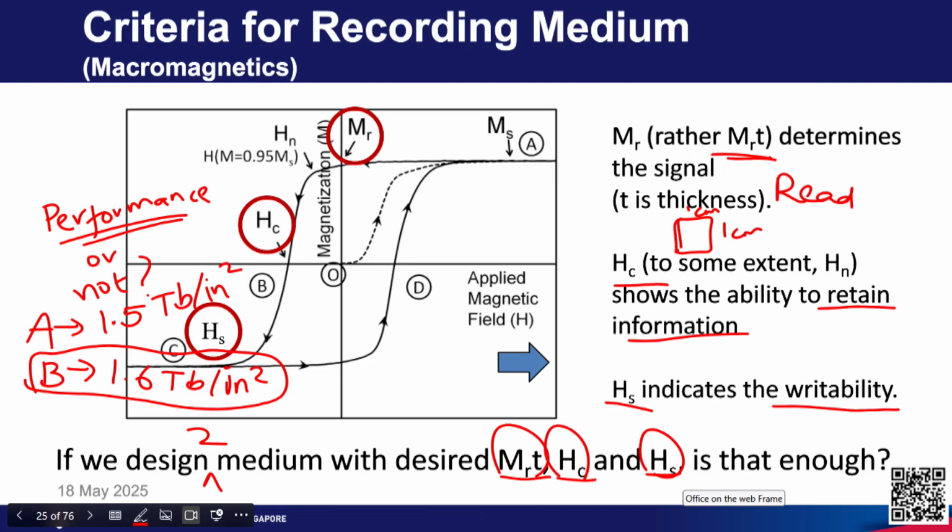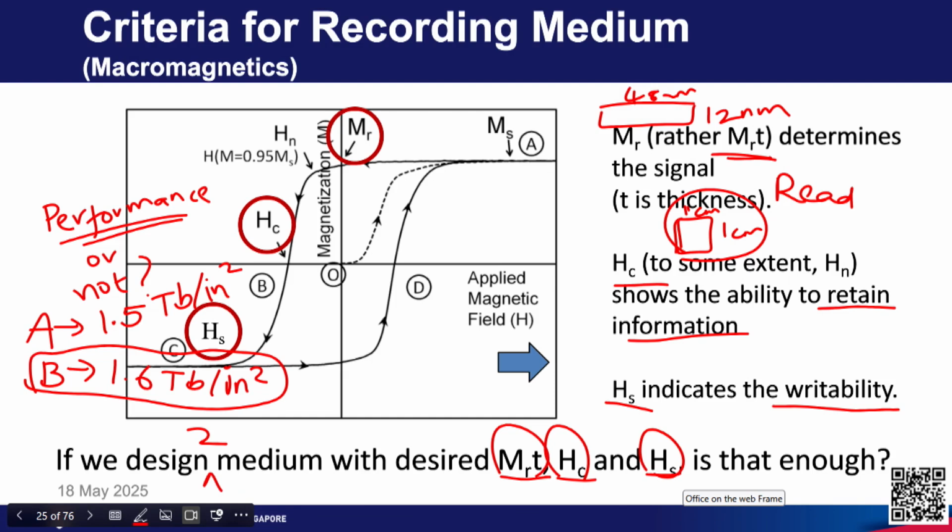So you are getting properties of this particular sample over a very large area. Whereas the size of the bit I talked about is 12 nanometer long and maybe 48 nanometer wide.